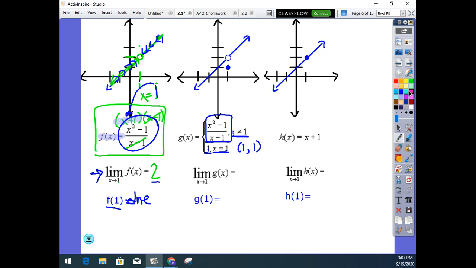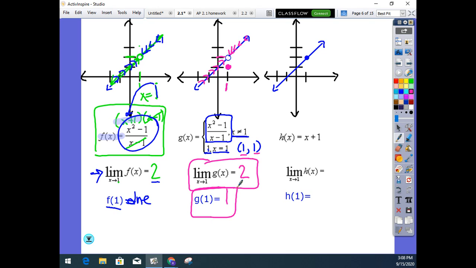So as I approach the hole, that's where x is 1, from each side, what is the graph itself getting close to on each side? 2. But where is the filled in circle? Where is the actual y value at? That's right here. What's this y value? 1. So the limit is 2, but the actual y value is 1.